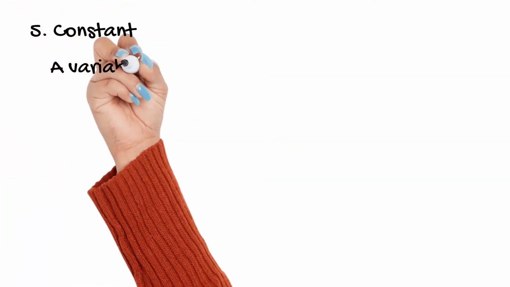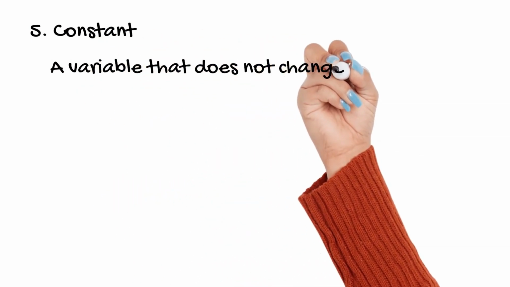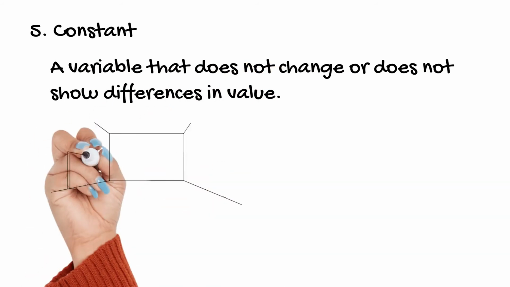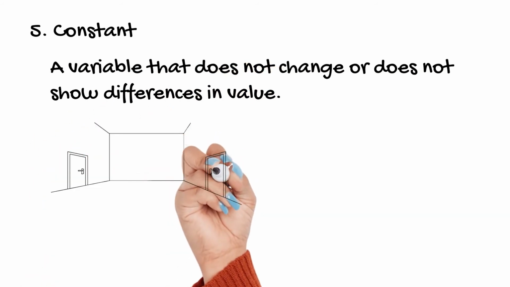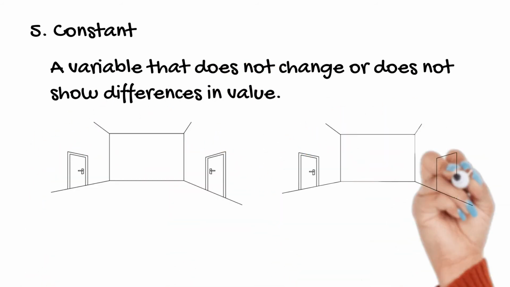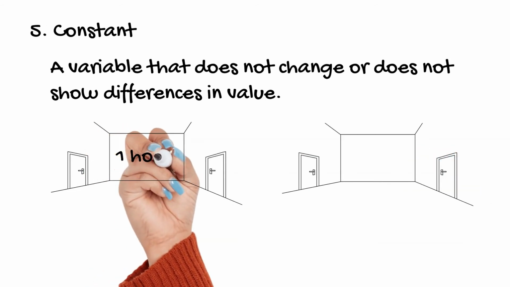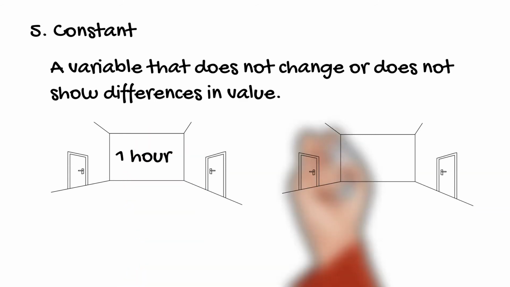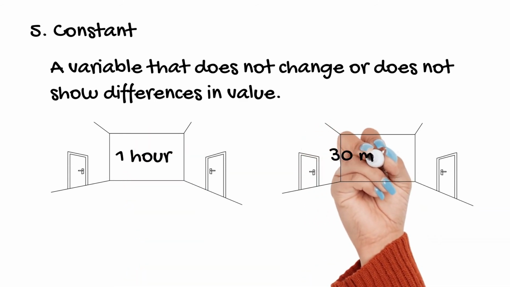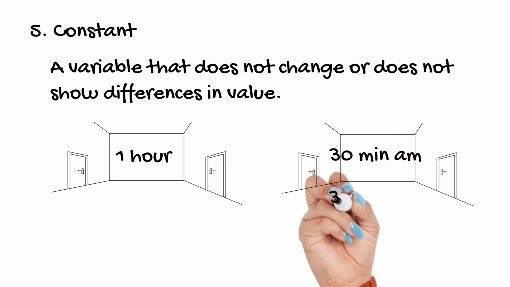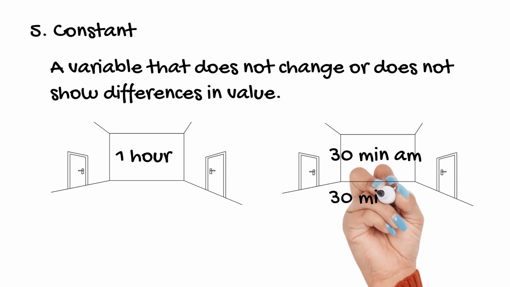Constant is a variable that does not change or does not show differences in value. Suppose the effectiveness of two types of teaching schedule is to be tested. One schedule is to teach the subject in 1 hour continuously, and the other schedule is to teach the subject for 30 minutes in the morning and another 30 minutes in the afternoon.